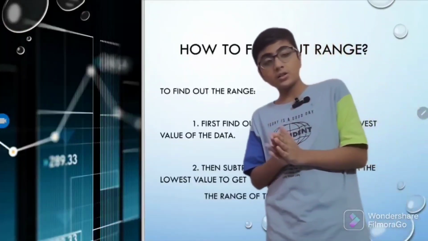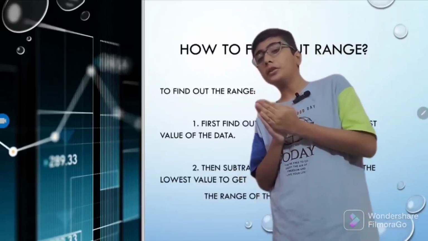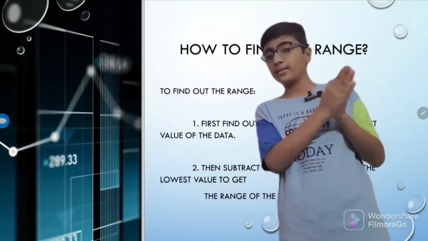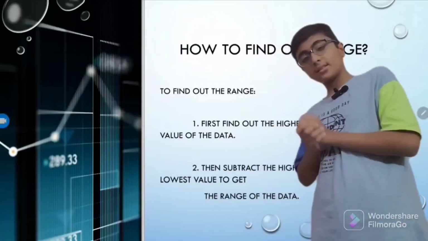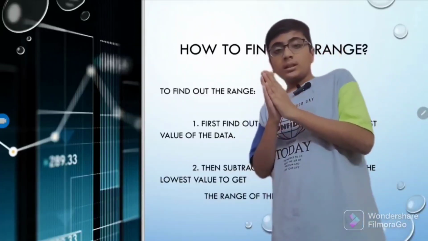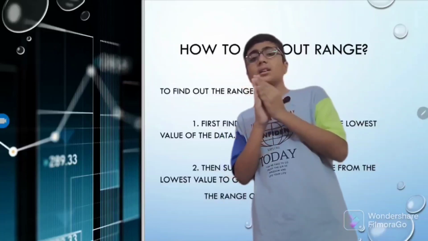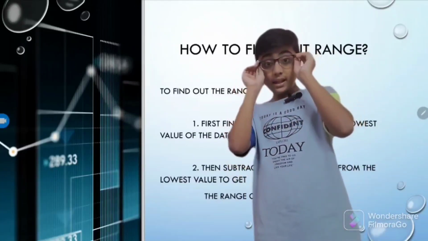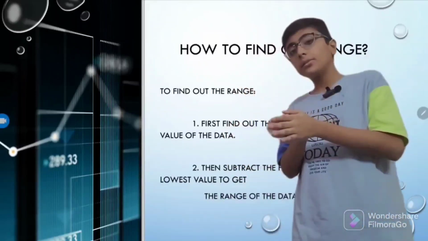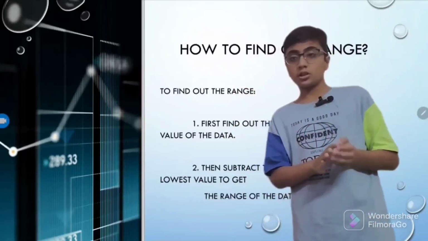To find the range, we have to find the highest and the lowest value. Next, we have to subtract the lowest value from the highest value, and the answer we would get would be the range.